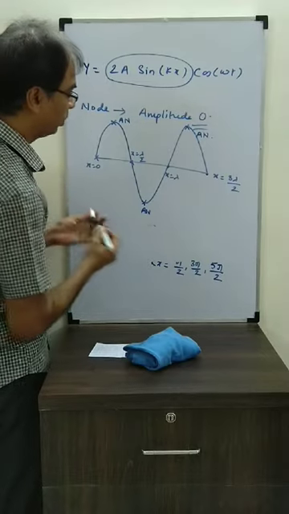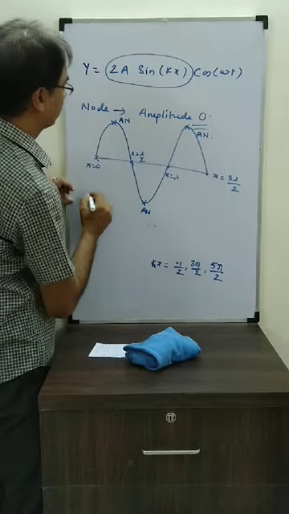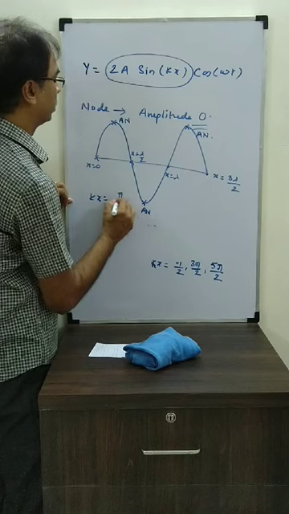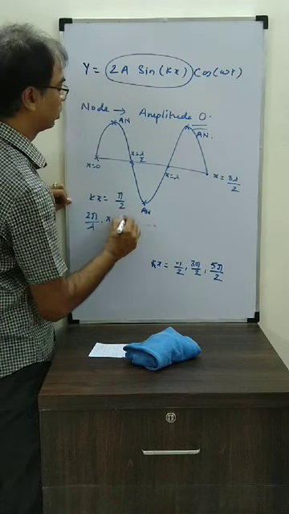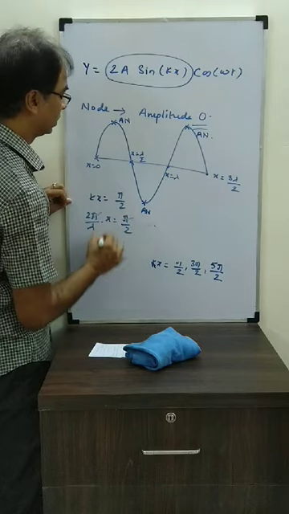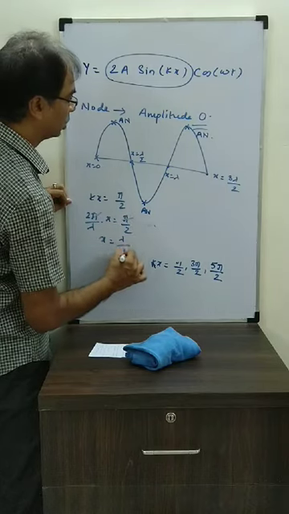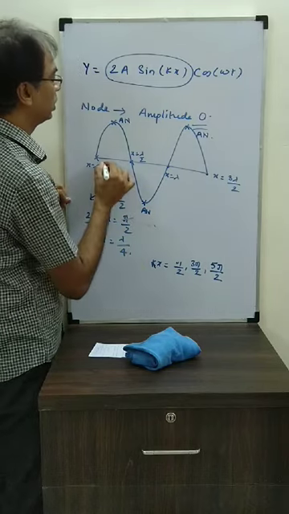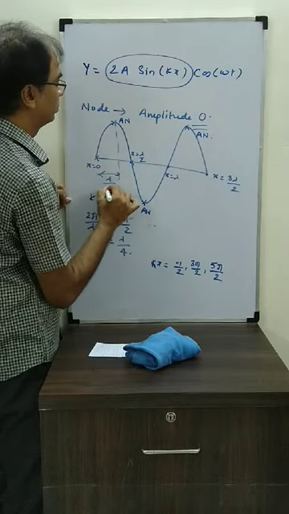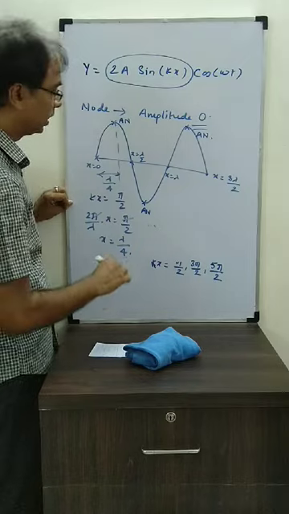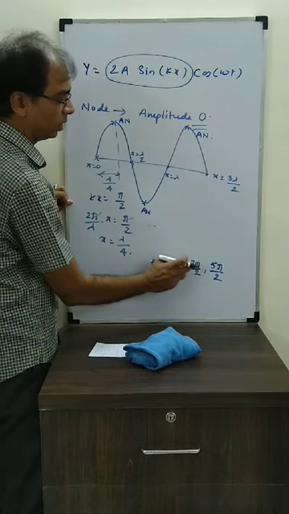So kx equal to pi by 2 to start with. K value 2 pi by lambda into x equal to pi by 2. Pi gets cancelled, x value is lambda by 4. So the first antinode is at lambda by 4. Okay, second antinode, what is the angle value? 3 pi by 2.